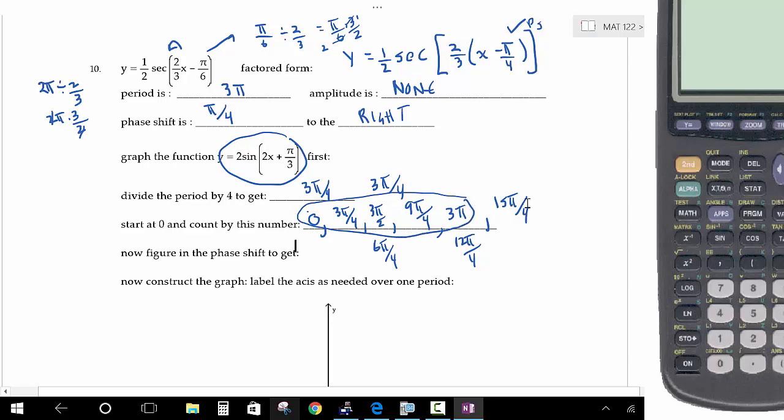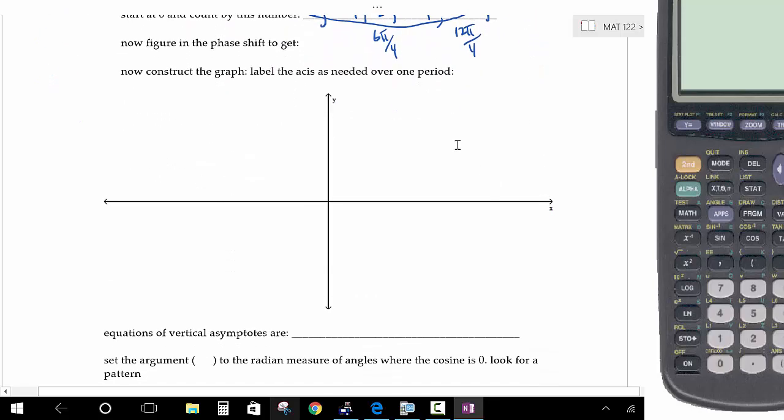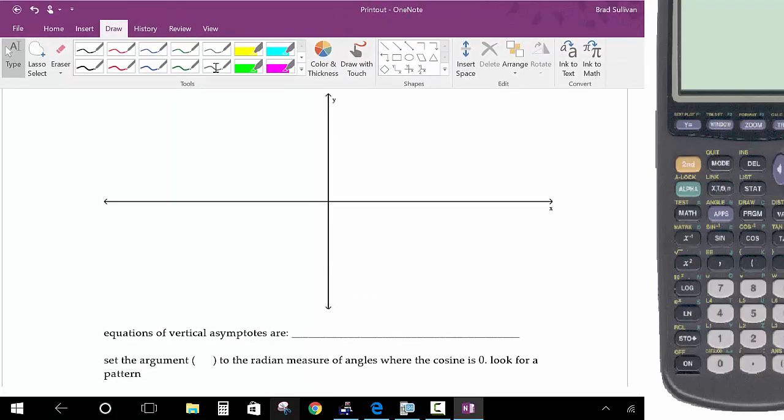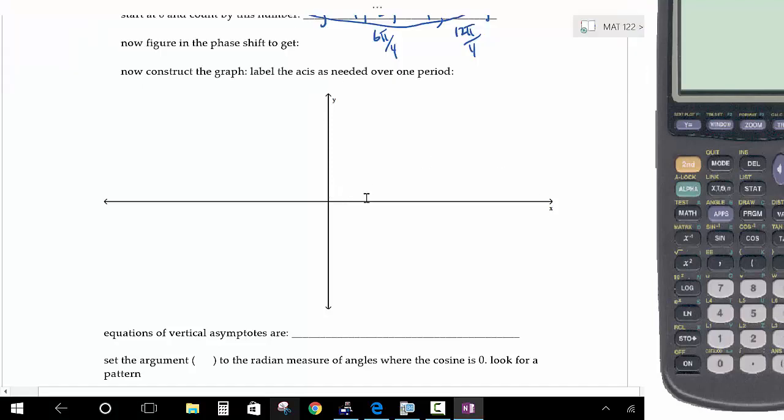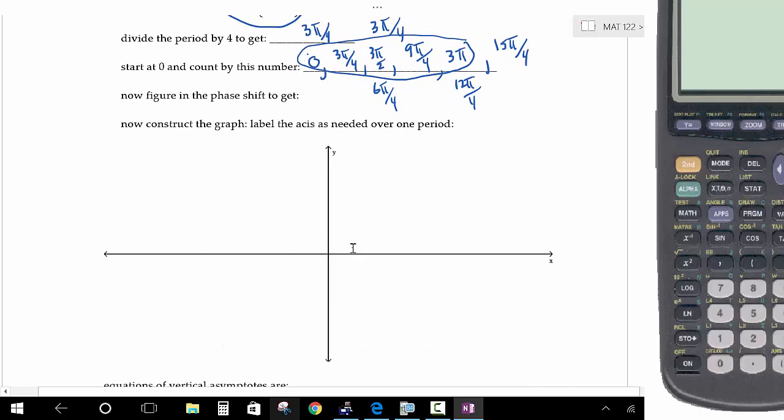Now we're going to go ahead and get our axis put together. We take the increments that we worked out here and do this. So let's start with 3 pi over 4 and then 3 pi over 2. Then 9 pi over 4, 3 pi, and we'll go out to 15 pi over 4, and we'll do this in both directions.